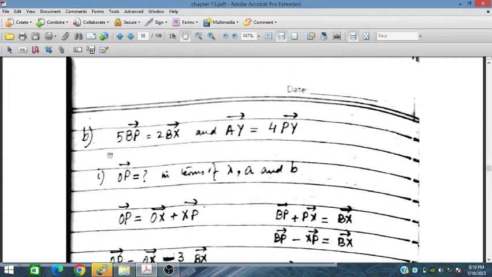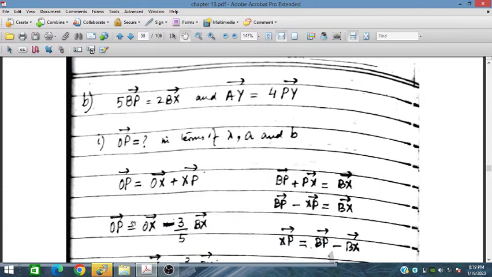Now we have to find this part. 5 BP is 2 BX, and AY is equal to 4 PY, and we have to find OP. OP is equal to OX plus XP.